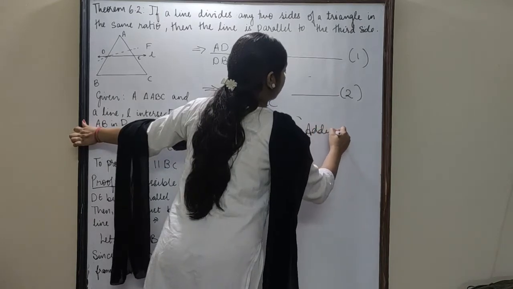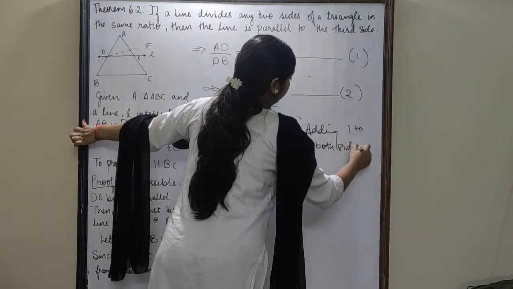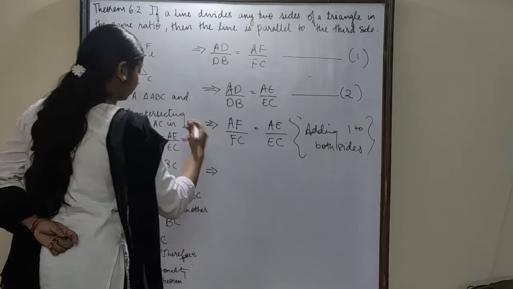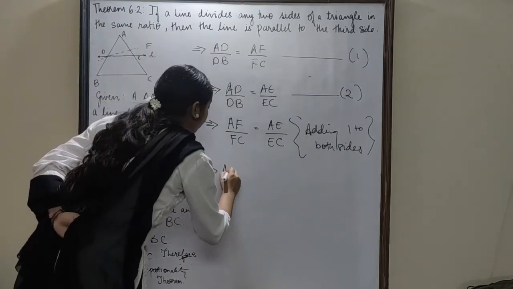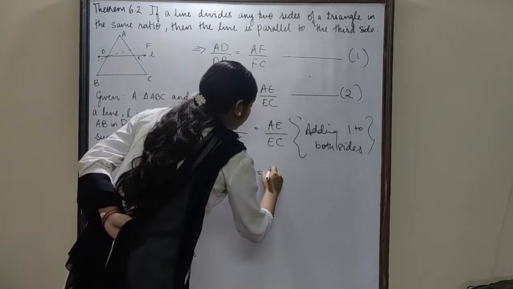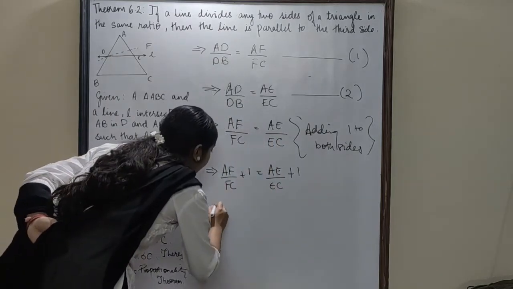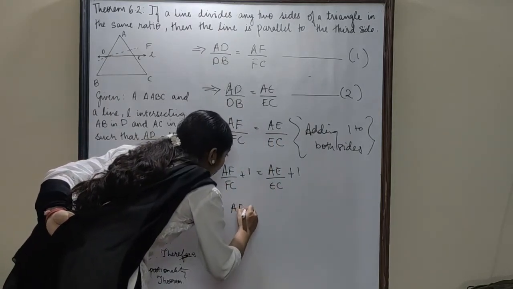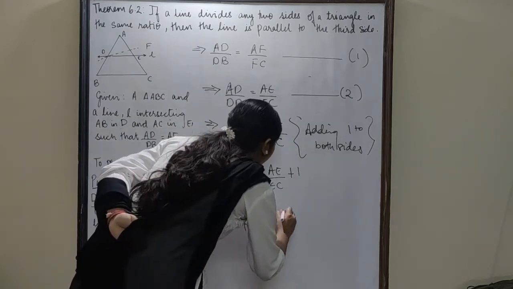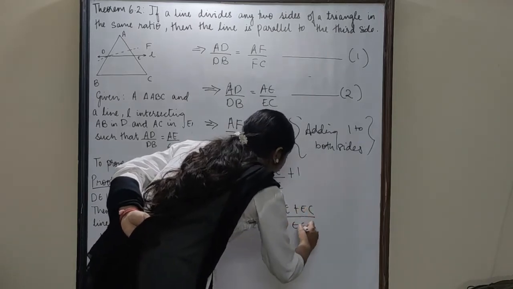We get AF upon FC plus 1 is equal to AE upon EC plus 1. Let us take the LCM. We have AF plus FC whole upon FC, which is equal to AE plus EC whole upon EC.